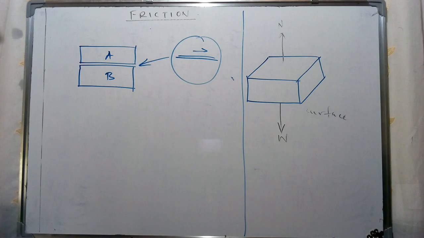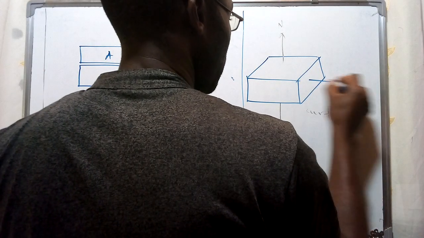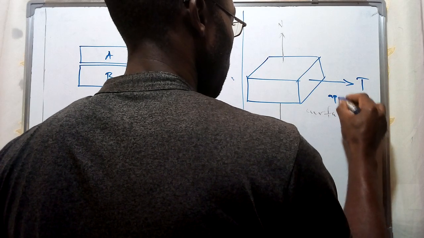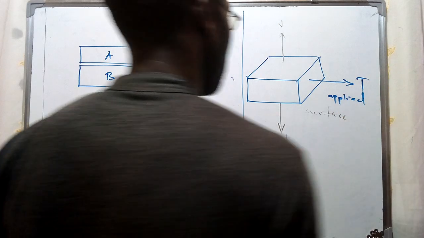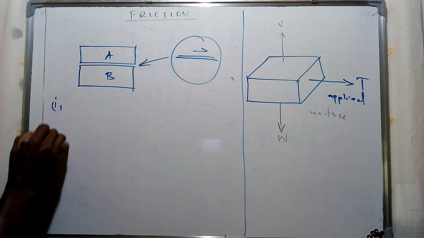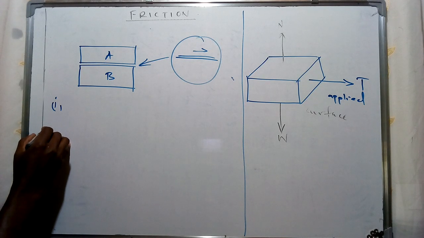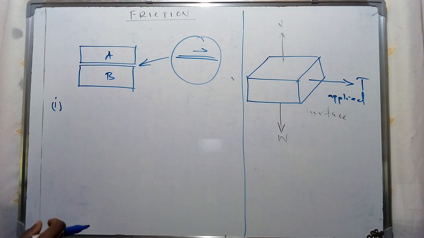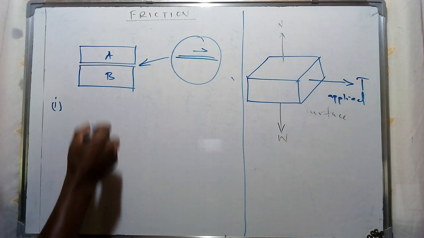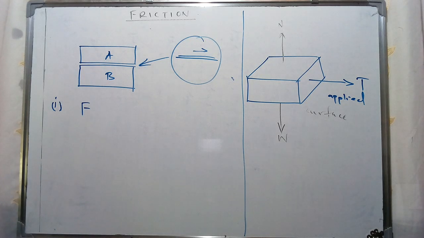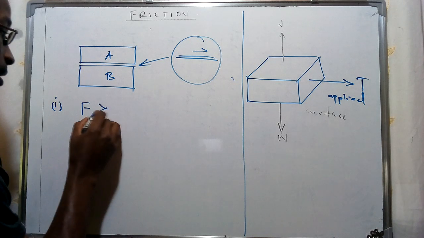And if this block is resting on a surface and a force T is applied in this particular direction, we can have different scenarios. At a specific point, the applied force F is going to be greater than 0.